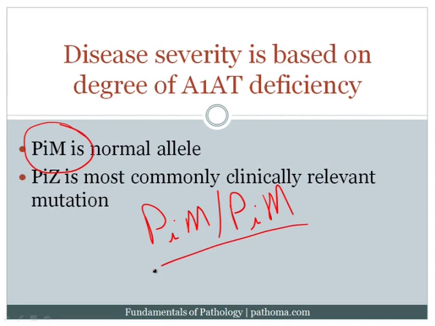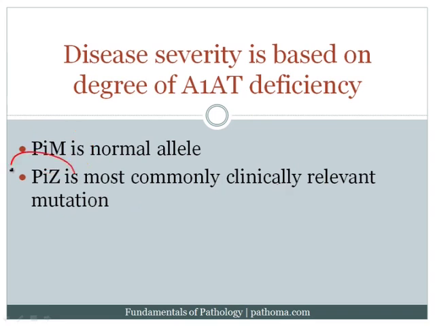The mutations are multiple. There are many, many mutations. However, the most common clinical mutation to be aware of is the PiZ allele. PiZ results in malformation or misfolding of the protein, and the protein is going to accumulate in the endoplasmic reticulum. All right, board point: endoplasmic reticulum.